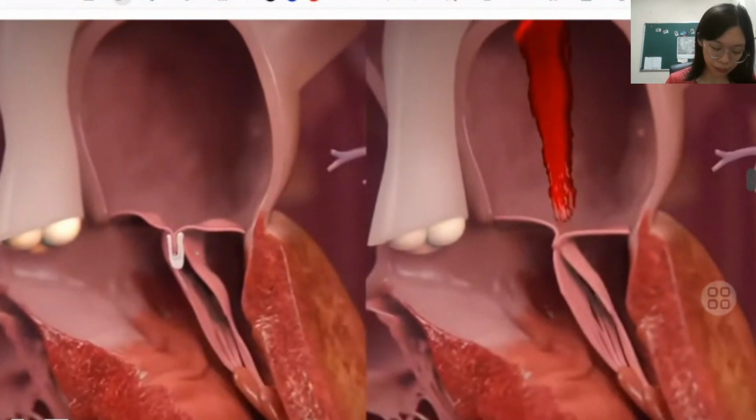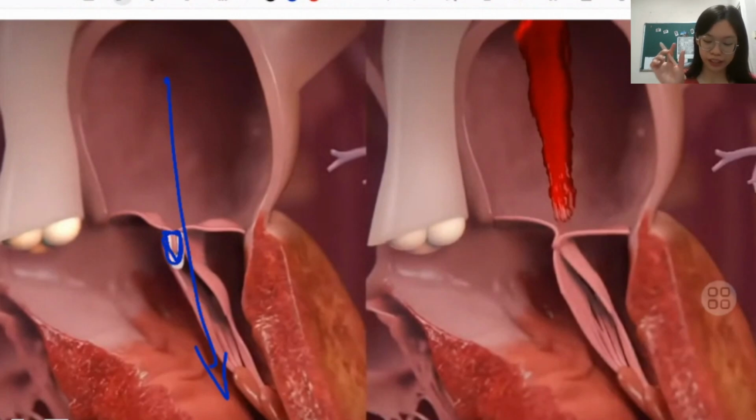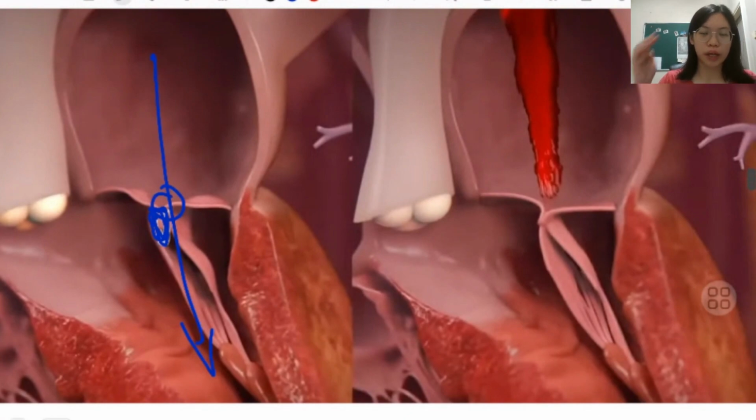There is still a pathway for the blood to flow into the ventricle. They seal it properly, but there's still a hole. They seal the majority of it so that it can close fully. Then it prevents the backflow of blood, because supposedly the blood will flow back from the ventricle to the atrium since the valve cannot close properly.